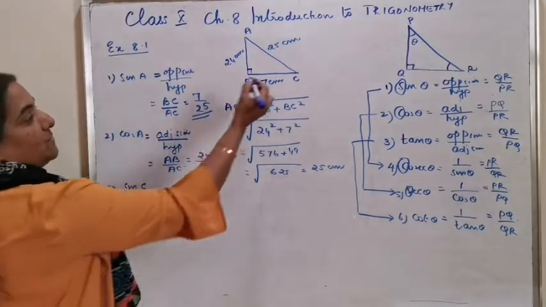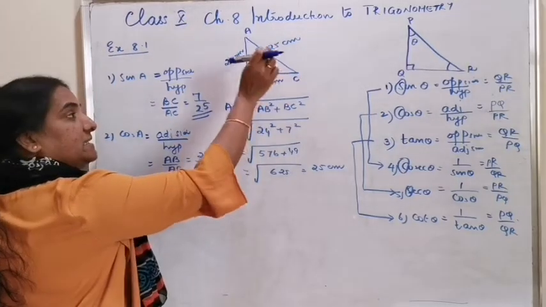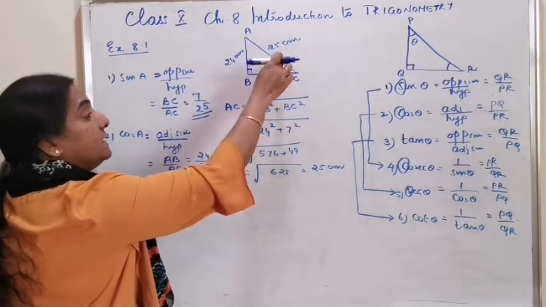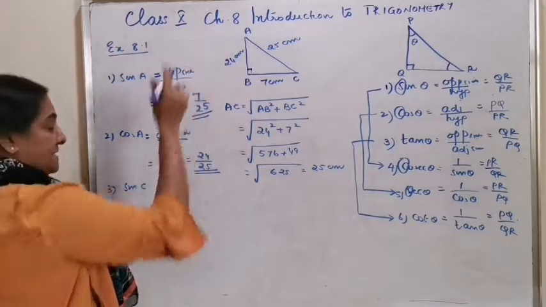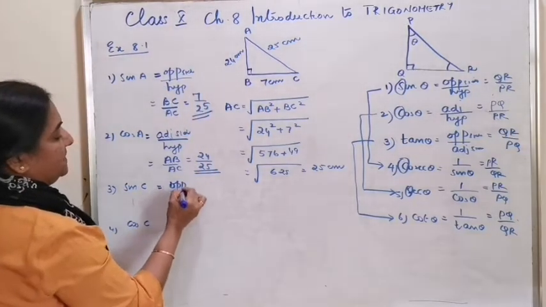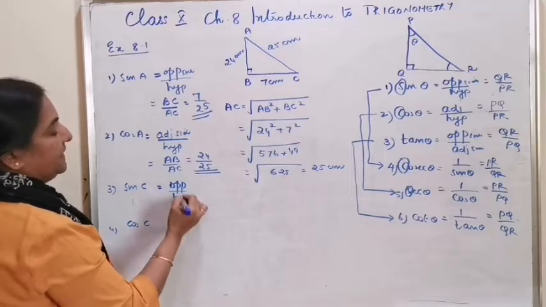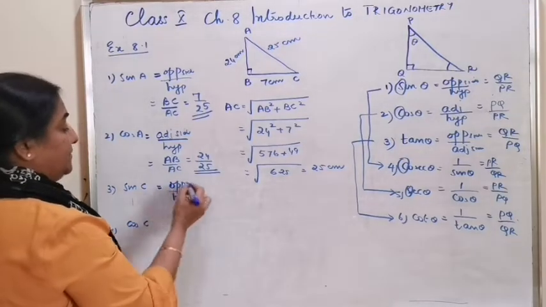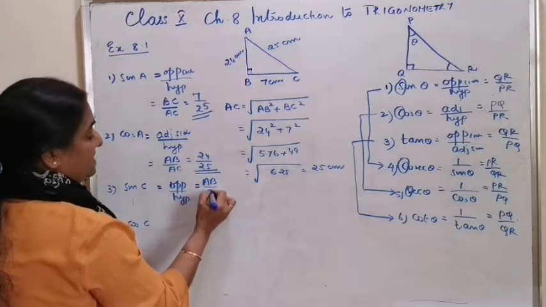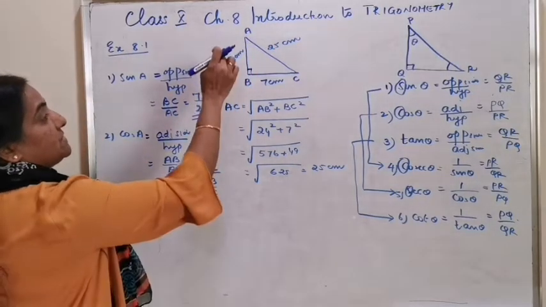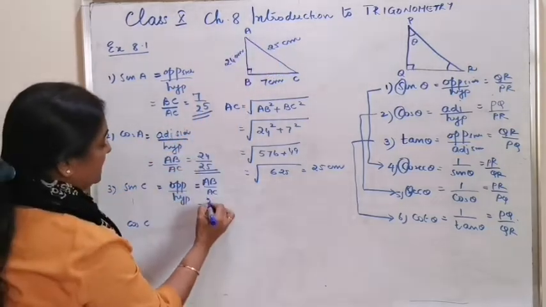The next value is sine C. In the same triangle for acute angle C, sine C is opposite side of angle C by hypotenuse, which is equal to AB by AC, or the value is 24 by 25.